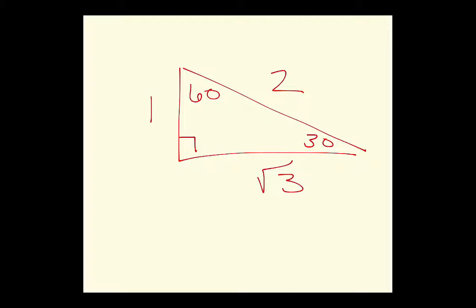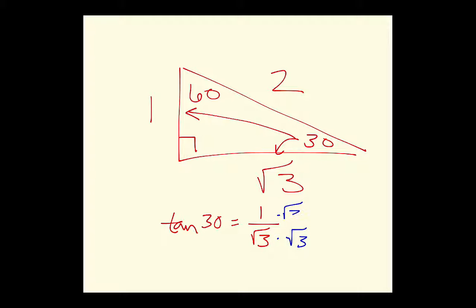So when it asks me for the tangent of 30 degrees, the tangent of 30 would be the opposite side 1 over the adjacent side, which is root 3. So the exact value of that just requires me to do some simplifying. I can't leave the square root of 3 in the bottom, so I multiply top and bottom by root 3. So on the top I get root 3, and the bottom I get 3. That's the exact value for the tangent of 30, root 3 over 3.